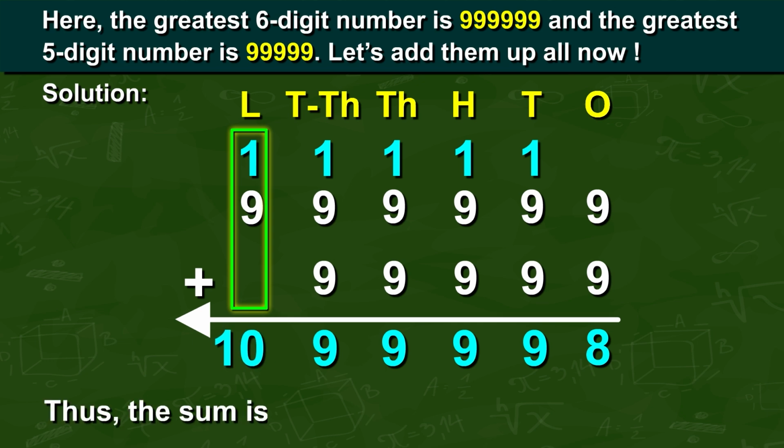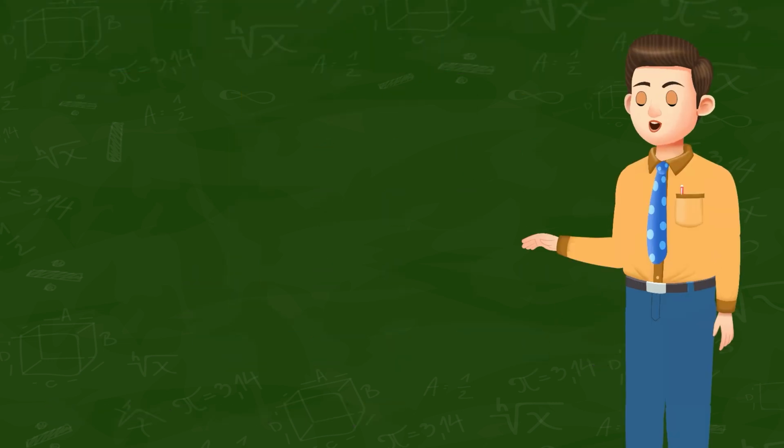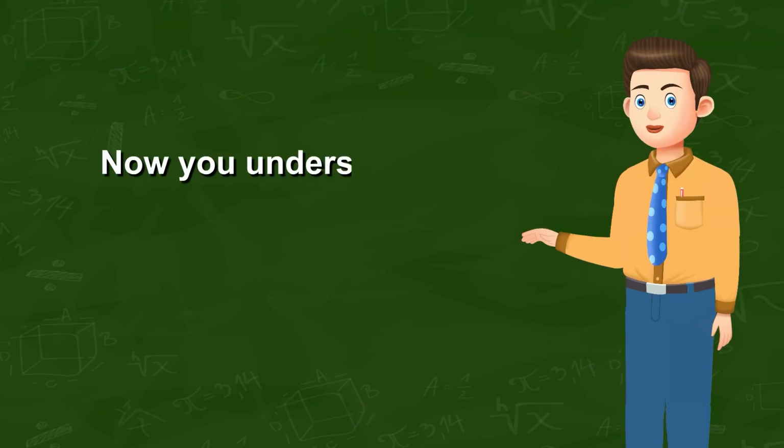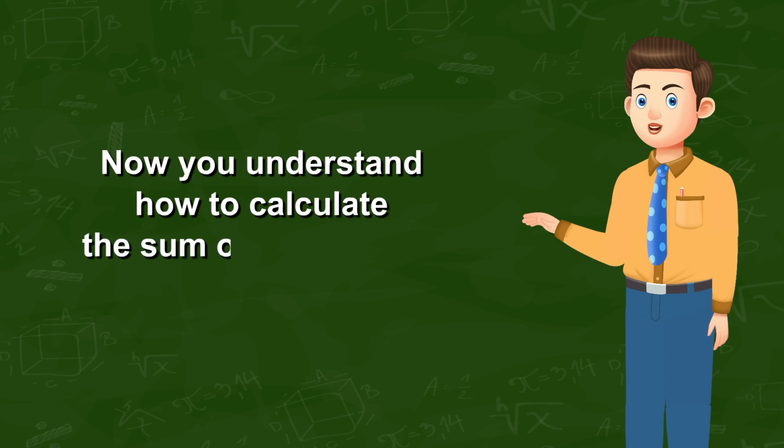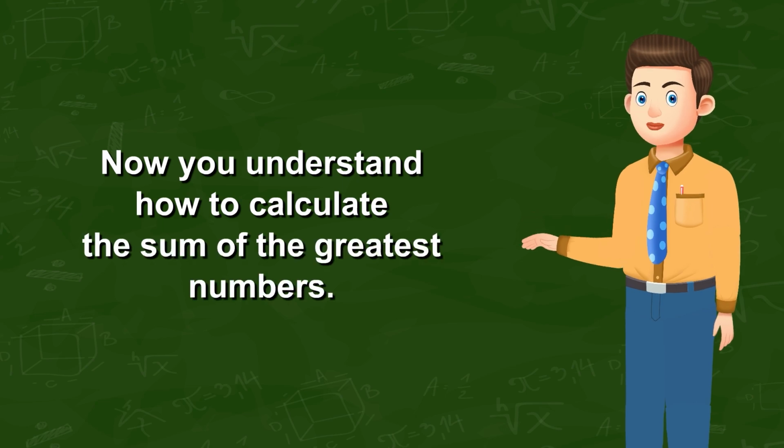Thus, the sum is 10,99,998. Great job, kids! Now you understand how to calculate the sum of the greatest numbers.